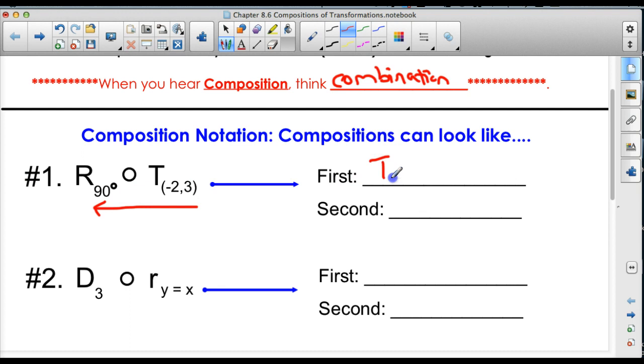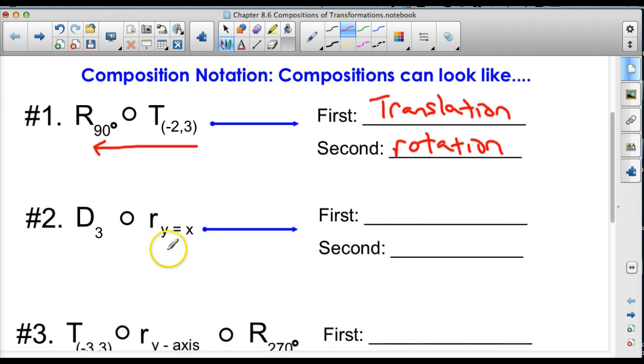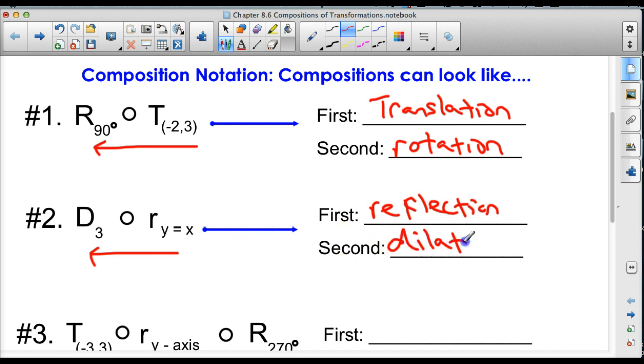First, we do the translation, and then we do the rotation. Let's look at number 2. If we're starting at the right and working back to the left, first we'll do the reflection, and then we'll do the dilation.